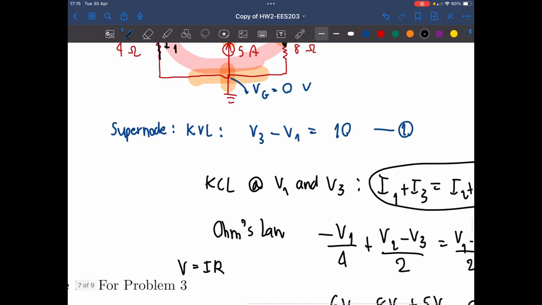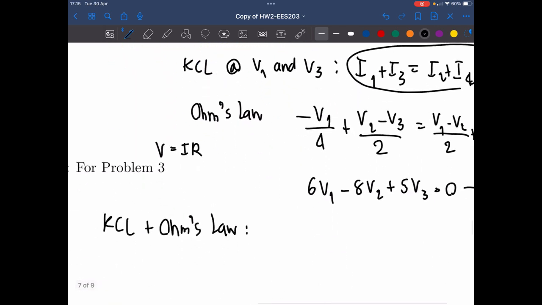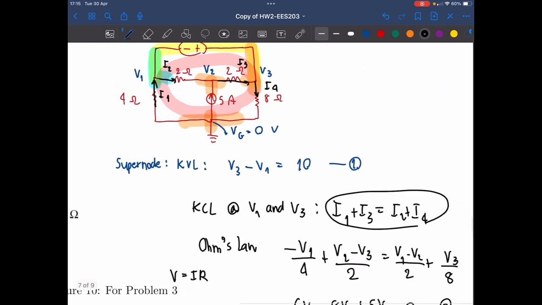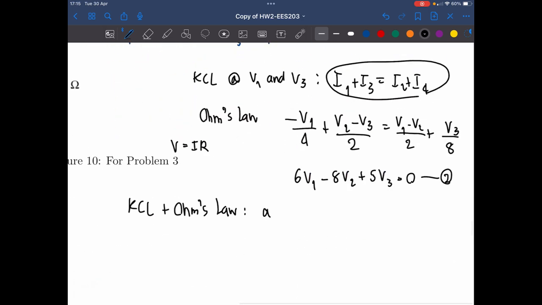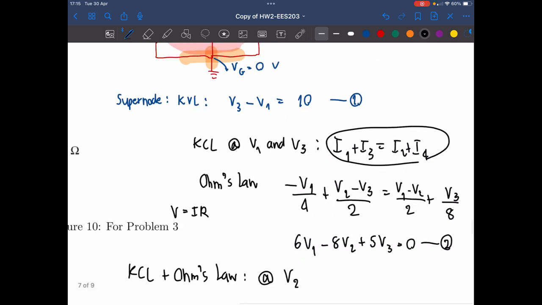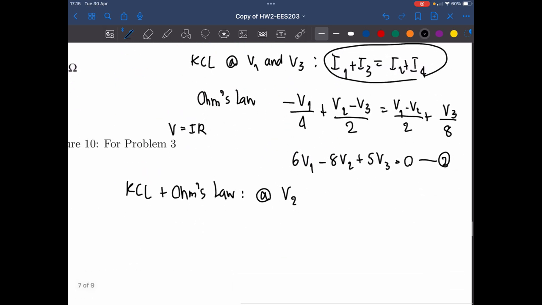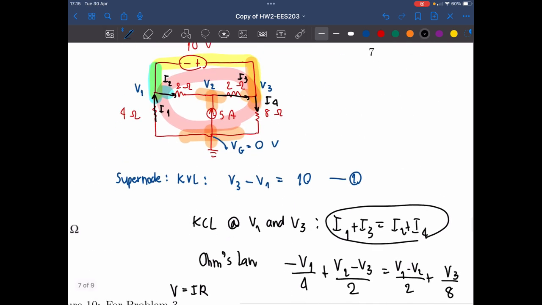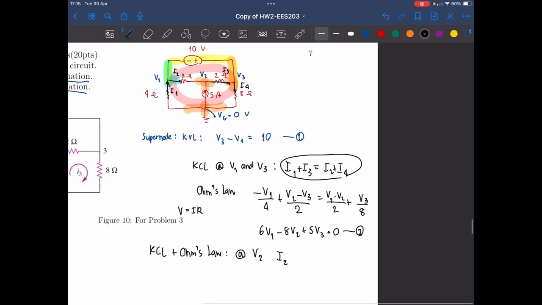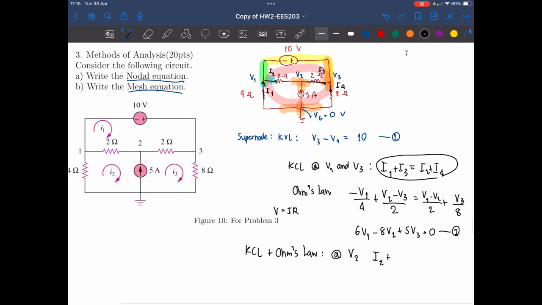Now in the second part, we have the KCL plus Ohm's law, right? So what we have here, at V2, we have I2 plus 5 equals I3 from the Kirchhoff current law.